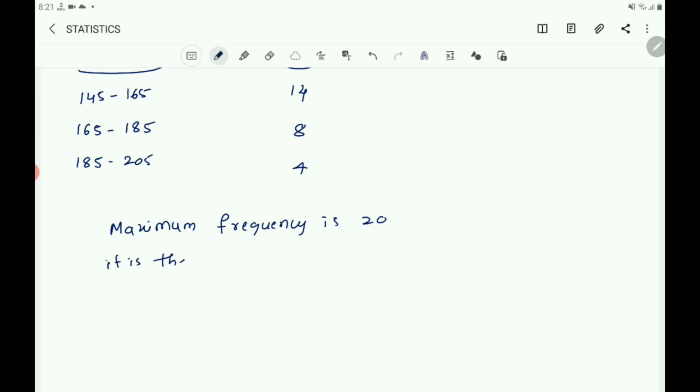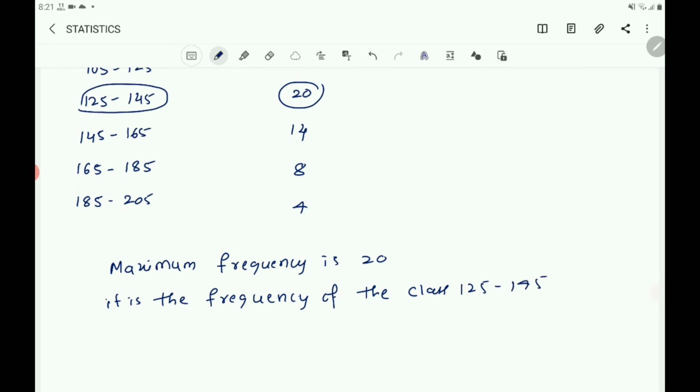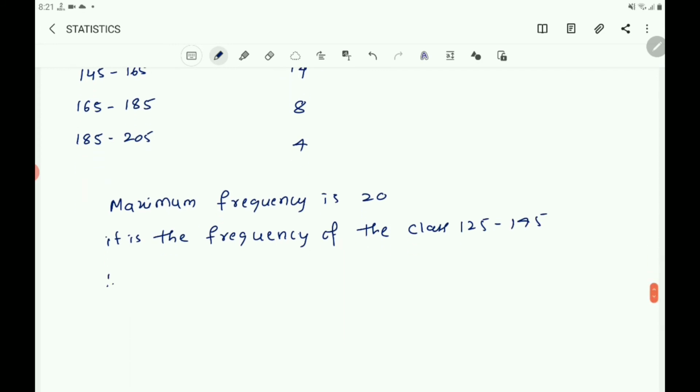It is the frequency of the class, which class? 125 to 145. Therefore, the modal class is 125 to 145.